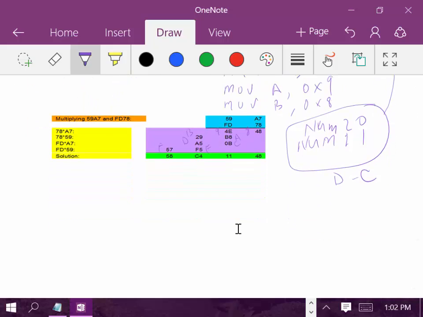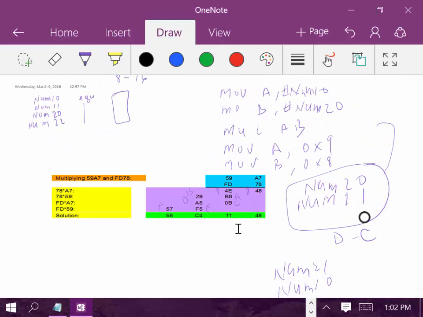Then we're going to multiply num11 and num21 and num10, the other 2 high and low. In other words, we're multiplying this way here and then this way here.